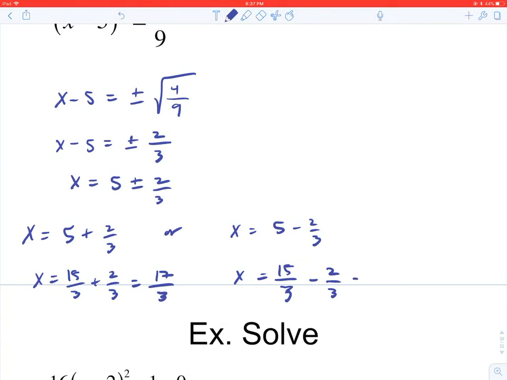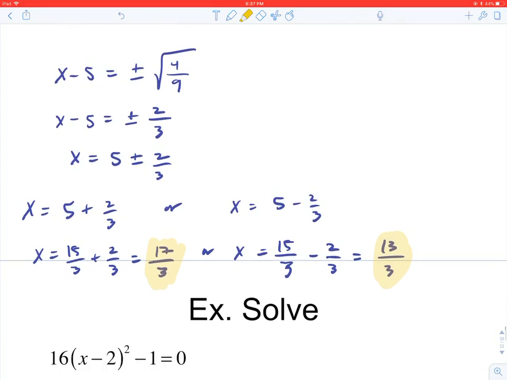Okay, so 15/3 minus 2/3 equals 13/3. Okay, so here 17/3 and 13/3 are our solutions.